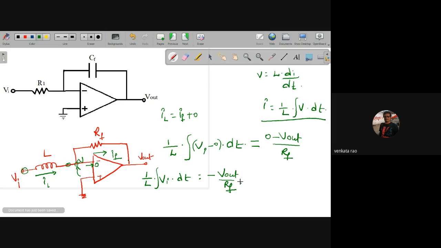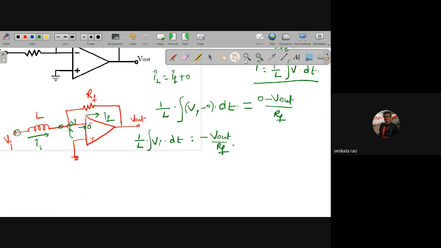Now V output is minus RF by L into integral Vi dt.